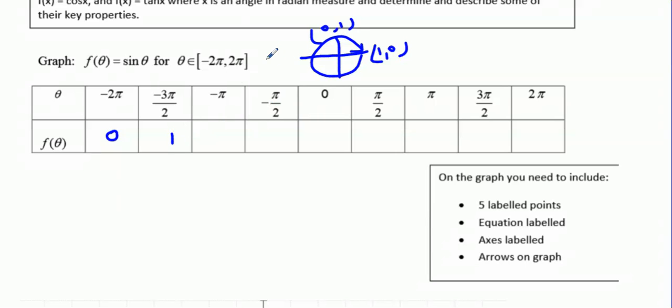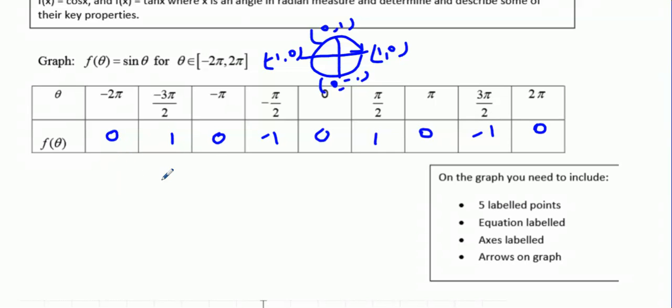Negative pi, I know the sine of that is 0. And negative pi by 2 lands me there, and I know that that is negative 1. Back to 0, so that's 0. Back to pi by 2, 1, 0, negative 1, etc.